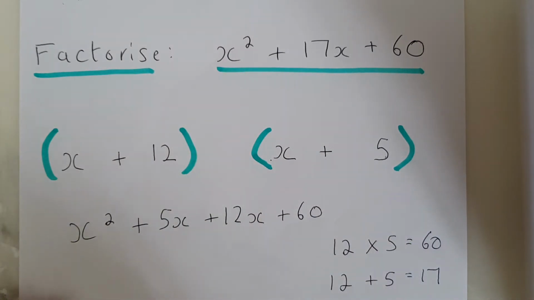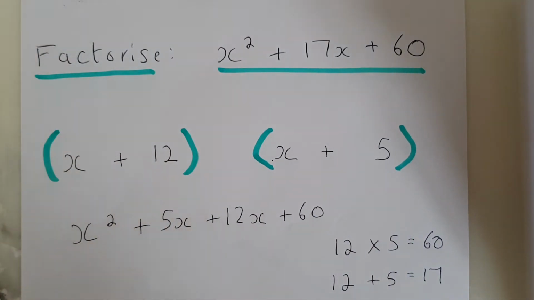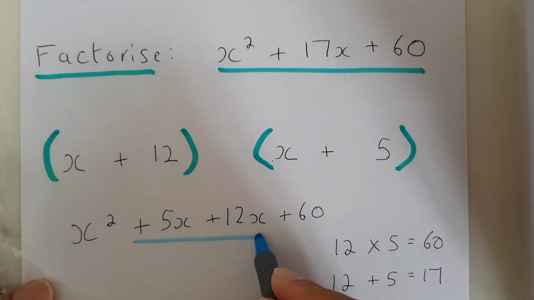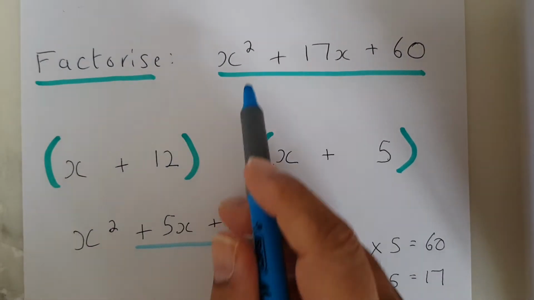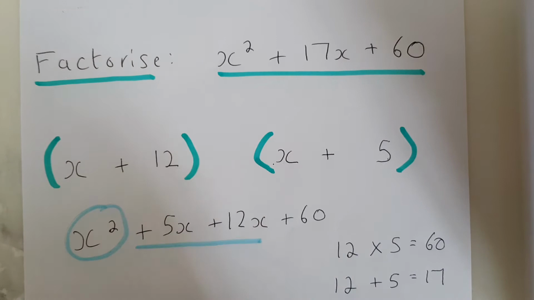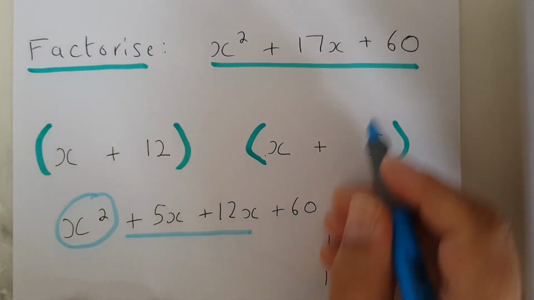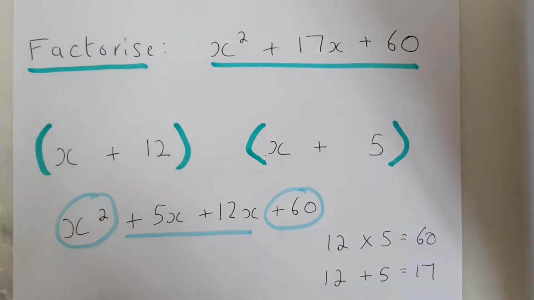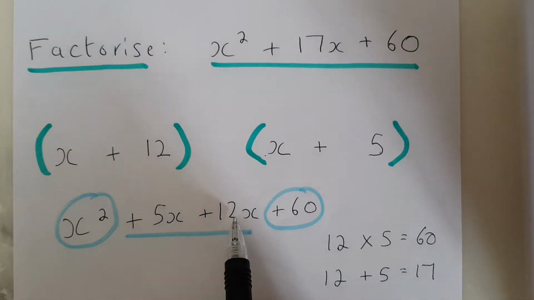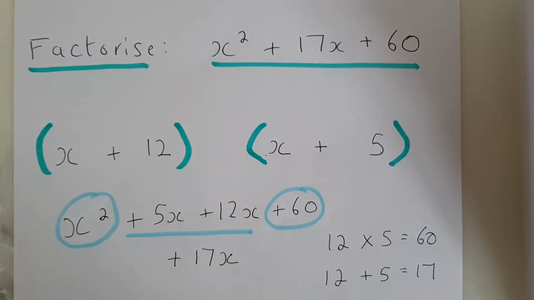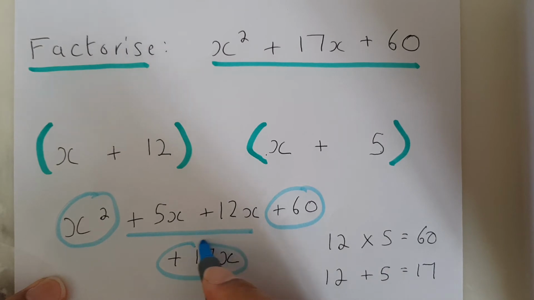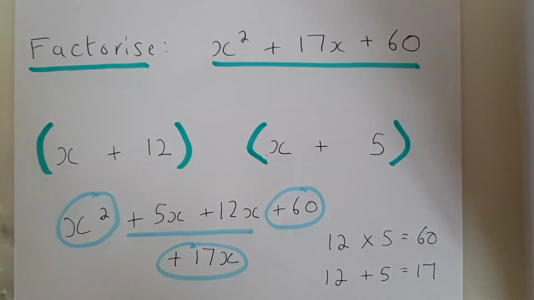If you put the like terms together, x squared we've got, I'm going to circle that, 60 we have, I'm going to circle that, and the last part, all we need to do is 12 plus 5, which is plus 17x. A nice little loop around that, and that is your answer.